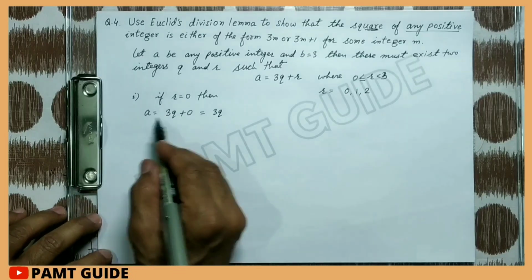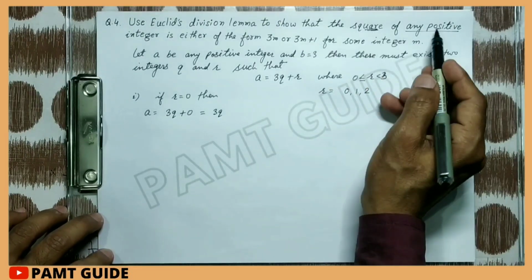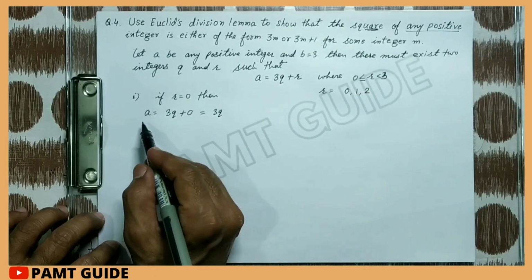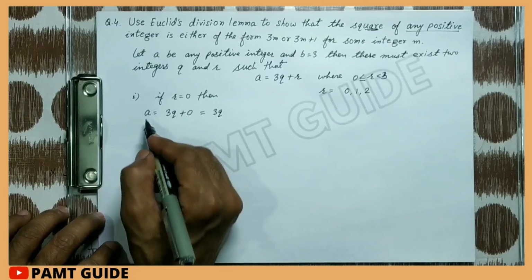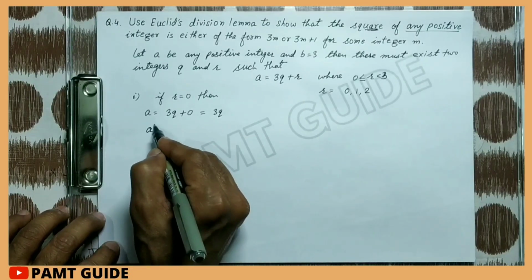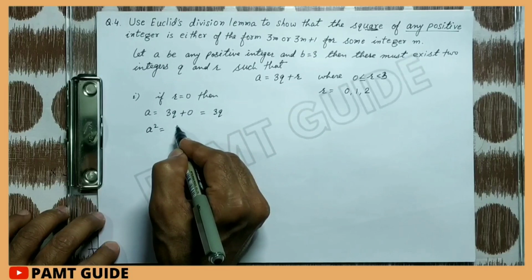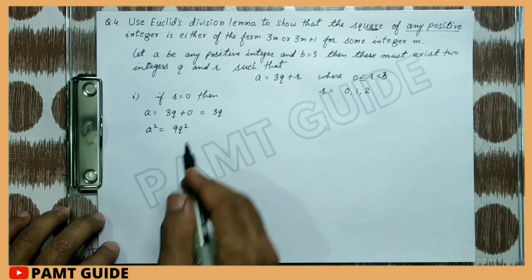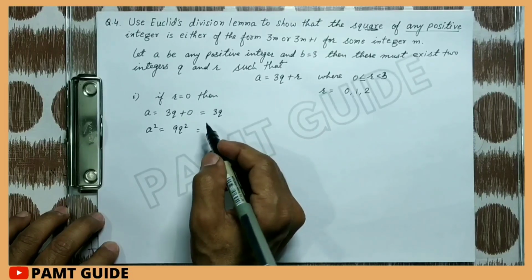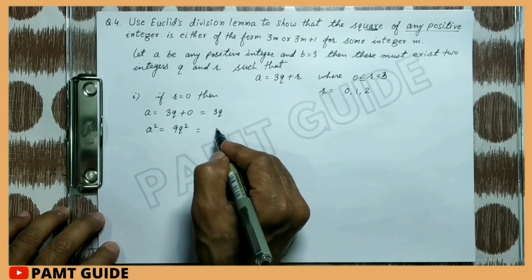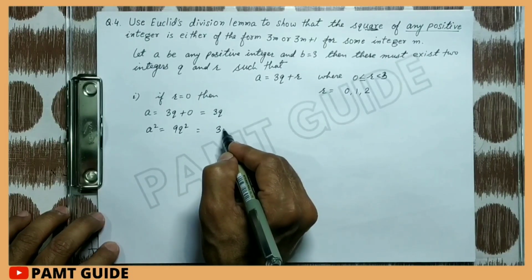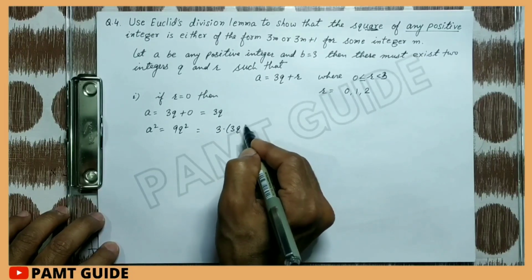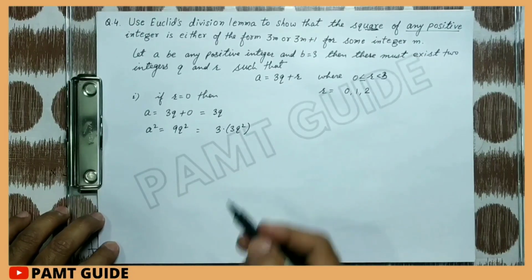Now we square both sides, then a square equal to 9q square, and we can write it 3 into 3q square.